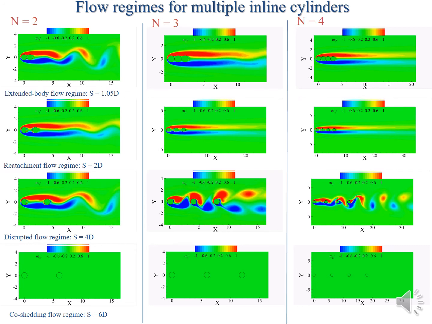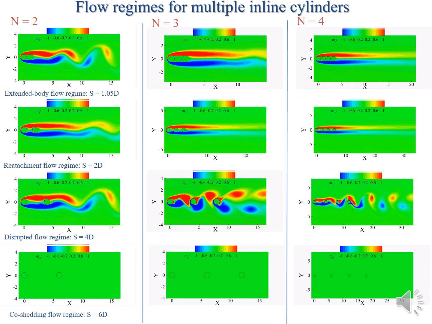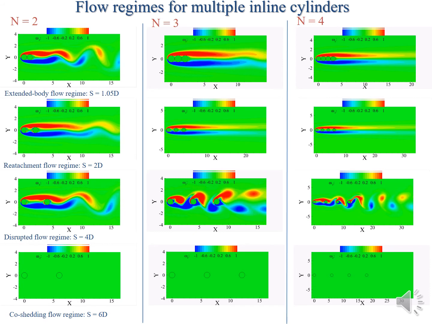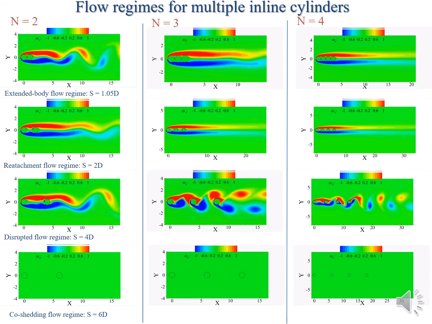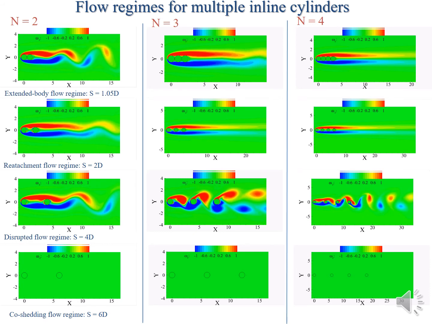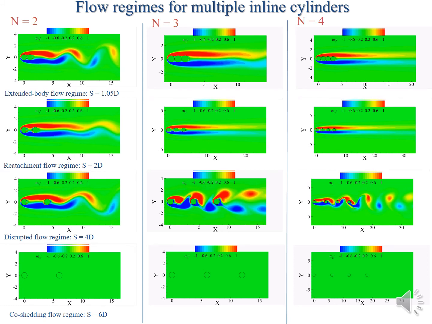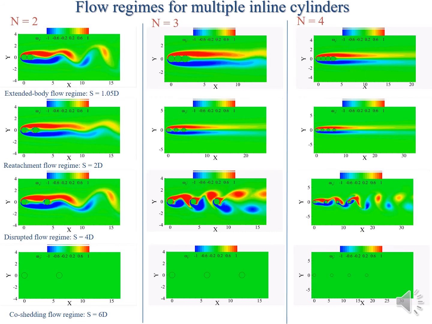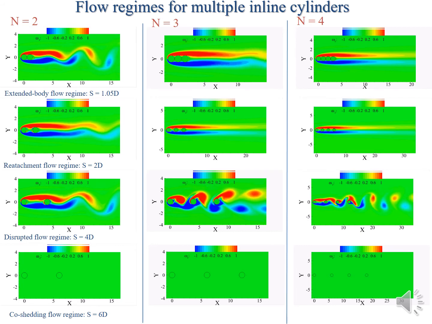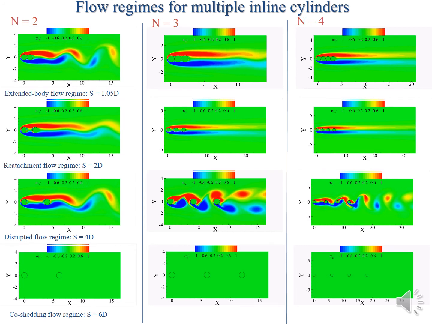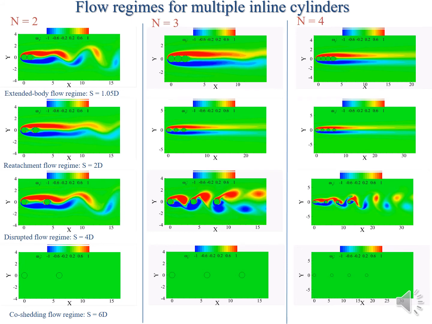They strike the downstream cylinder before they shed. But as we increase the number of cylinders in the configuration, the vortices from the upstream cylinder act like they are washing away the vortices from the downstream cylinder, preventing them from fully developing. And that goes as we increase the number of cylinders even further.